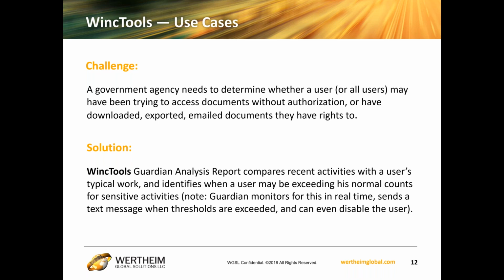It was originally written to support our Guardian product, but then we enhanced it so you don't have to have Guardian to run it. It compares what users are doing and identifies when a user may be exceeding his normal count for activities that he should or shouldn't be performing. And it does this in real time if you're running Guardian, whereas it goes backwards and scans through the documents and activity information if you're not using Guardian.